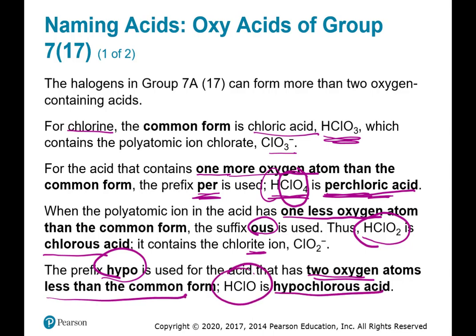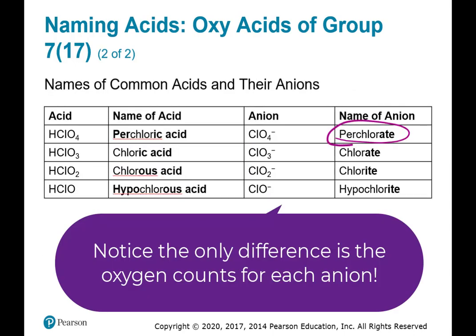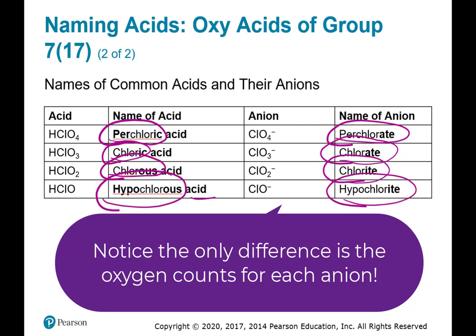HClO is hypochlorous acid. And again, ClO minus we would see as hypochlorite ion. So perchlorate would turn to perchloric acid. Chlorate to chloric, chlorite to chlorous, hypochlorite to hypochlorous acids.